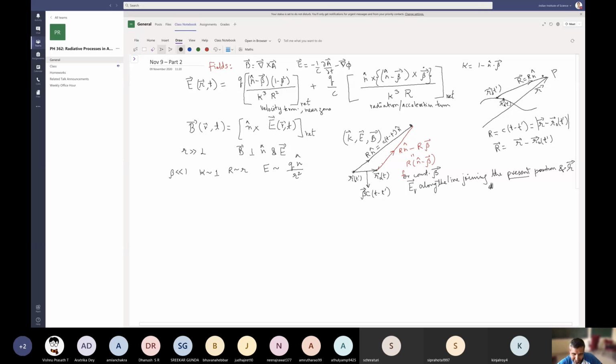We are calculating everything at the retarded point, but because of this n hat minus beta, the electric field here is actually in the direction connecting to the instantaneous location of the charge, right? This is just interesting. So this is about the velocity field.